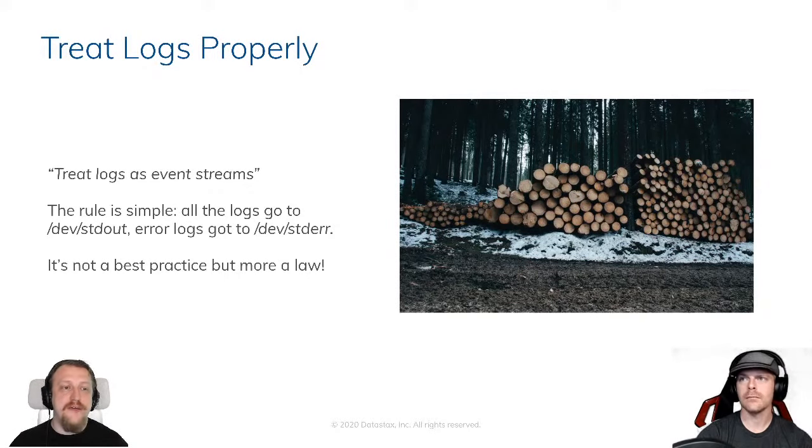Every log delivered is an event, and it has to be in the proper event stream. We will cover it maybe some months later, I hope. But when we speak now most specifically, the rule is simple. All the logs go to /dev/stdout. Error logs go to /dev/stderr. You can send everything to /dev/stdout.